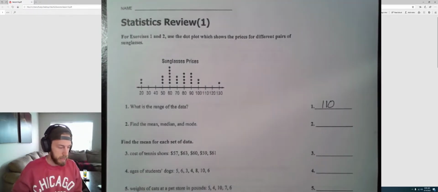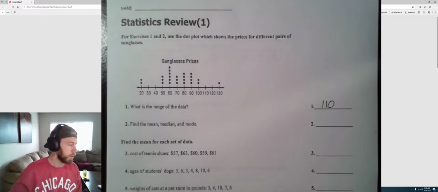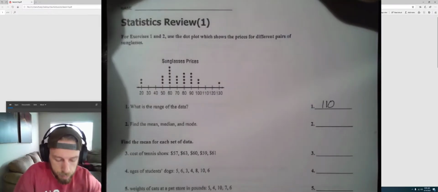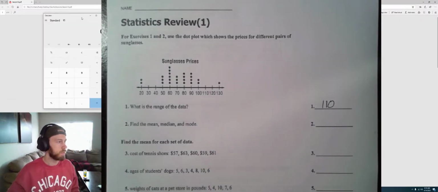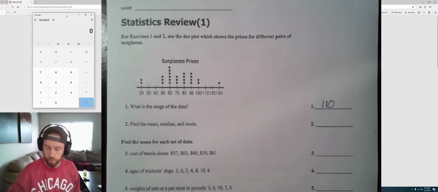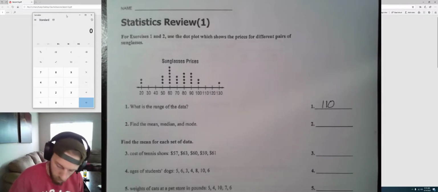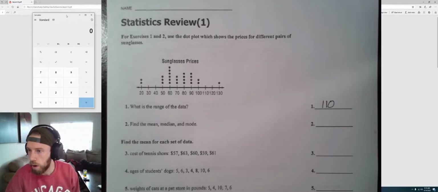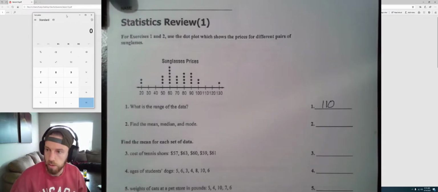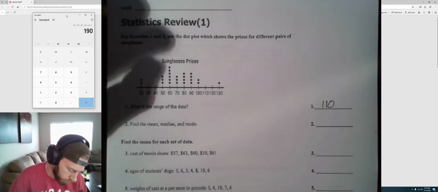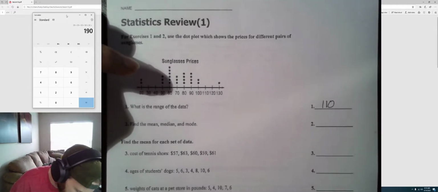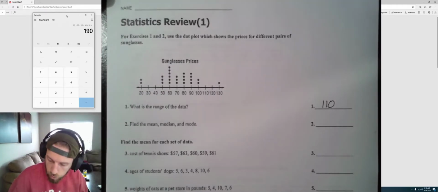We're going to find the mean, median, and mode. I'm going to pull up a calculator for this real quick. So I can pop this over here for you guys. And in our dot plot here, we've got two 20s, 50s, three of them, 1, 2, 3, 4, 5, 6 60s. So it's 360.